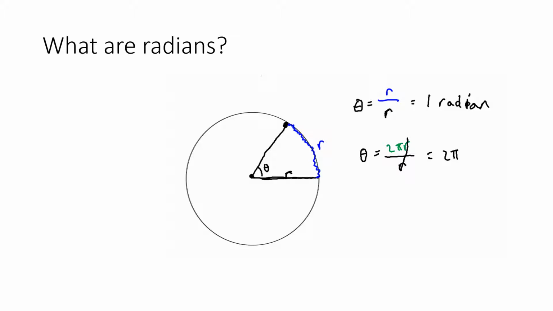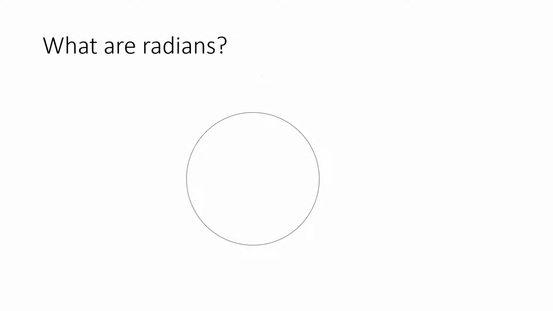So if we went the entire distance around the circle, we can call that 2 pi radians. So 1 full trip around the circle, we know gives us an entire circumference length. So 1 trip around the circle would be 2 pi radians.